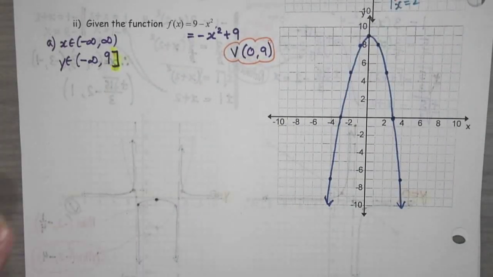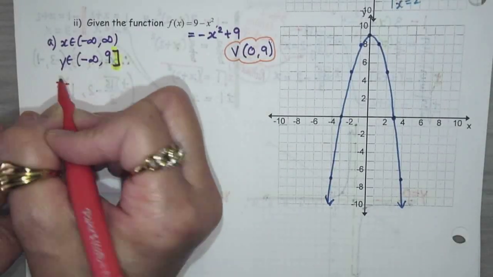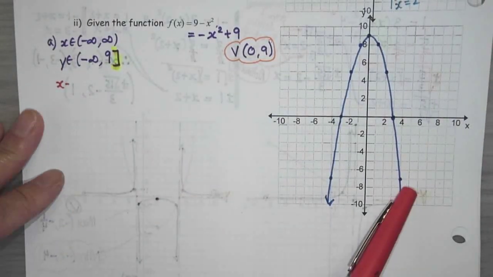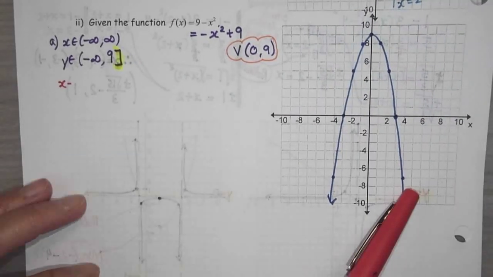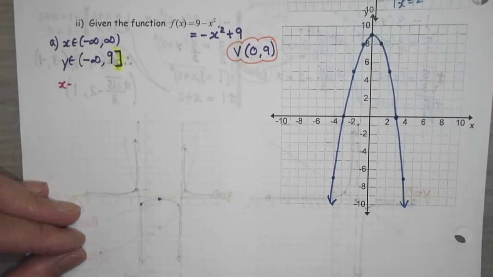Good? Intercepts. So my x-intercepts, can I read it from the graph? Yeah. If you can read it from the graph, just read it from the graph. You have your choice, algebraically or from the graph. It's up to you.